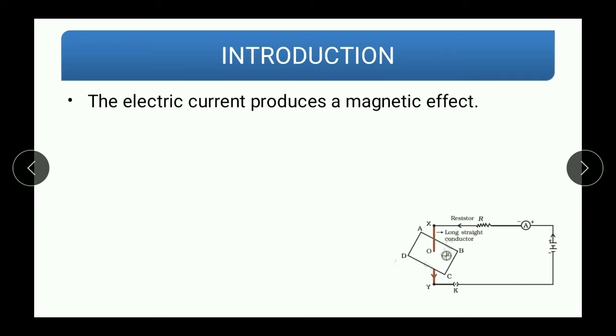If you place it somewhere else in some isolated place, you will find that it will always align in north-south direction. Magnetic needle always aligns itself in north-south direction. When will it show deflection? Only when there is a magnetic field around it. And the fact that this needle shows deflection when electric current passes through the circuit only tells us that current might be producing magnetic field around it.